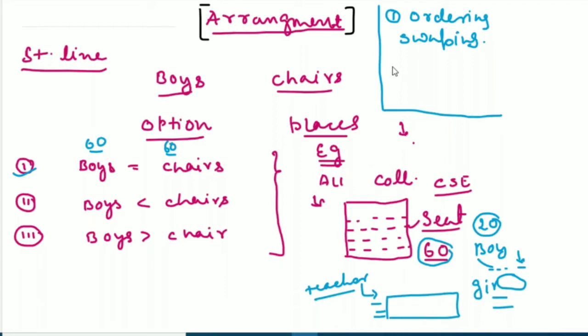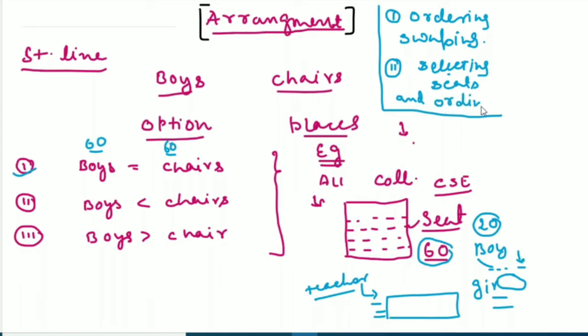So scenario number two consists of two activities. One is blocking or selecting seats. And after selection of seats, the 20 seats can again be juggled around in any number of ways. So swapping is possible, ordering is possible.